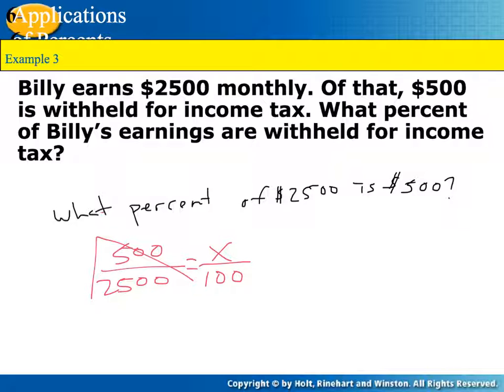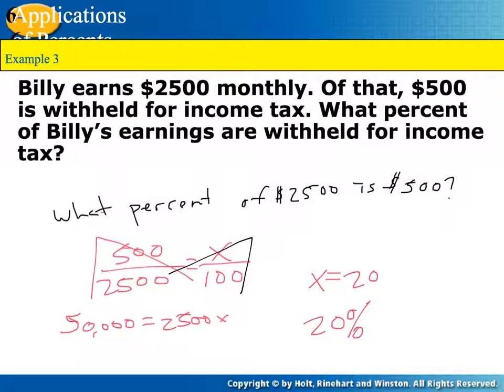I would get 50,000, which is equal to 2,500x. When I solve for x, x equals 20. Remember, it is a percentage, so it's 20%. So 20% of Billy's earnings are withheld for income tax.